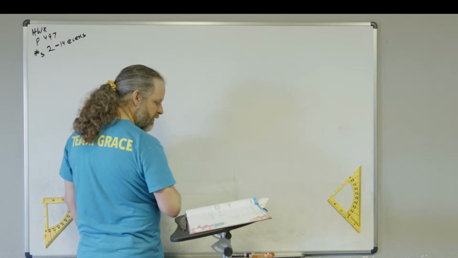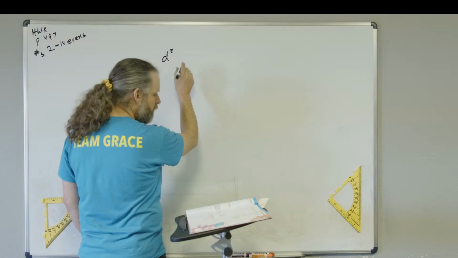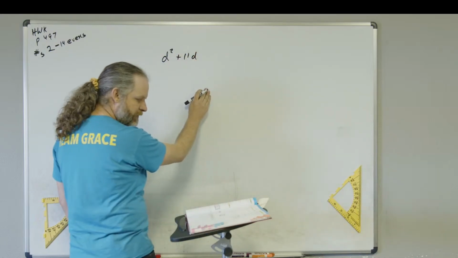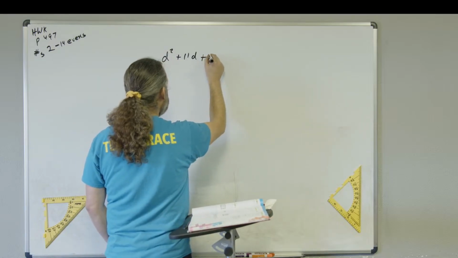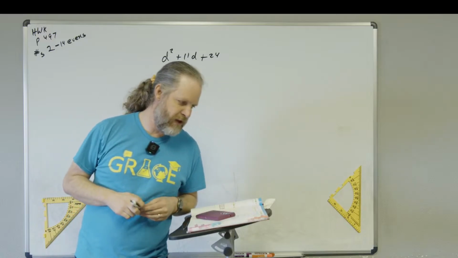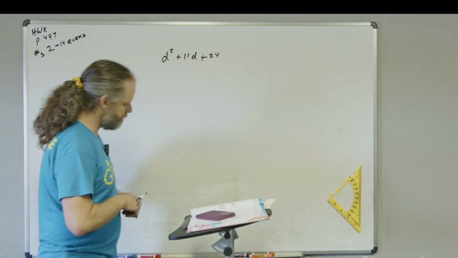And the polynomial looks like this: d squared plus 11d plus 24. The book calls it solving x squared plus bx plus c equals 0, which is not false. But we're factoring trinomials where a equals 1, because the next one is also factoring trinomials, but where a is greater than 1.